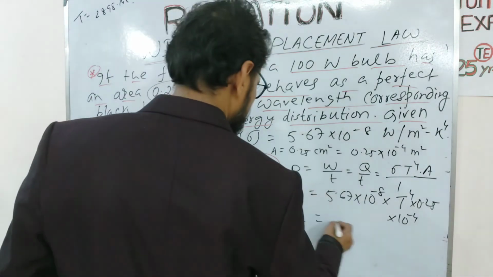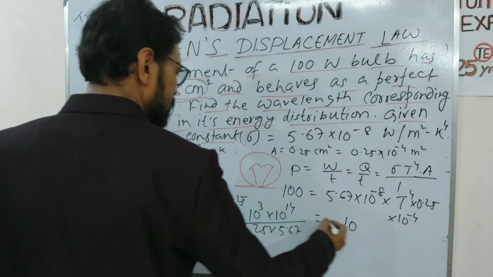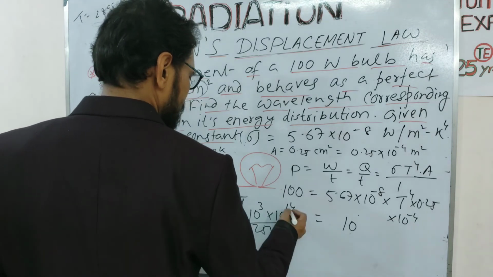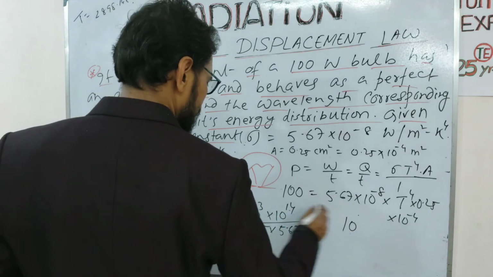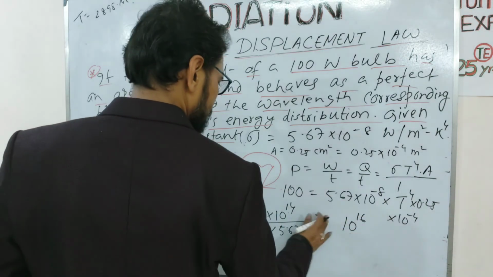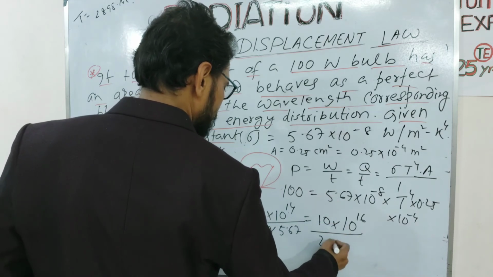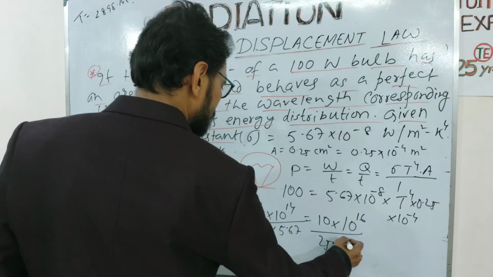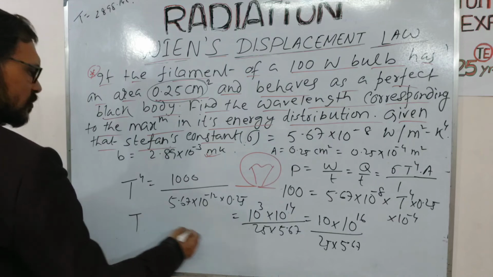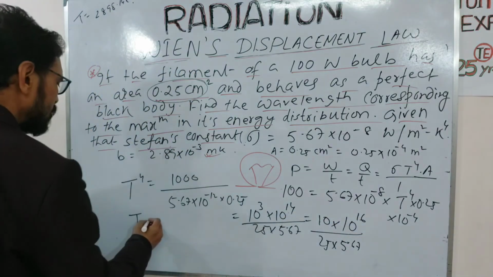So this becomes 10 to the power 16 divided by 25 into 5.67. So if we calculate, T equal to this to the power 1/4, T equal to this.